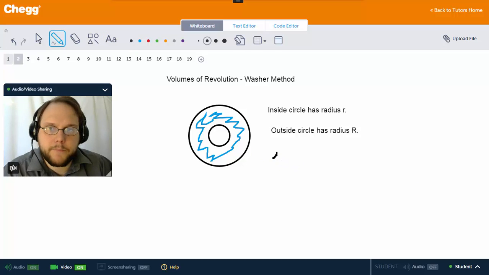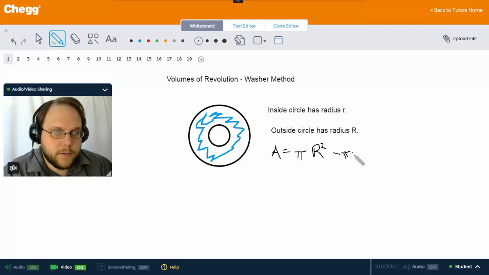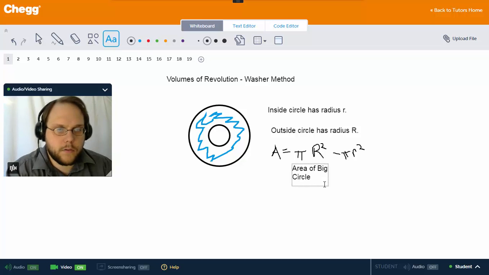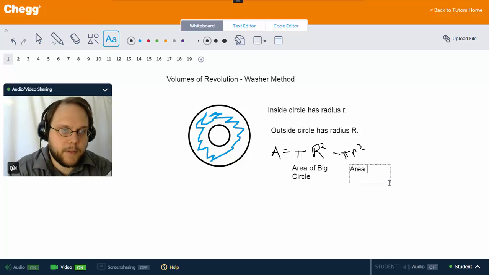Well, the area is equal to pi times R squared, that's the area of the big circle, minus pi times little r squared. That's the area of the little circle that we punched out, the smaller one.